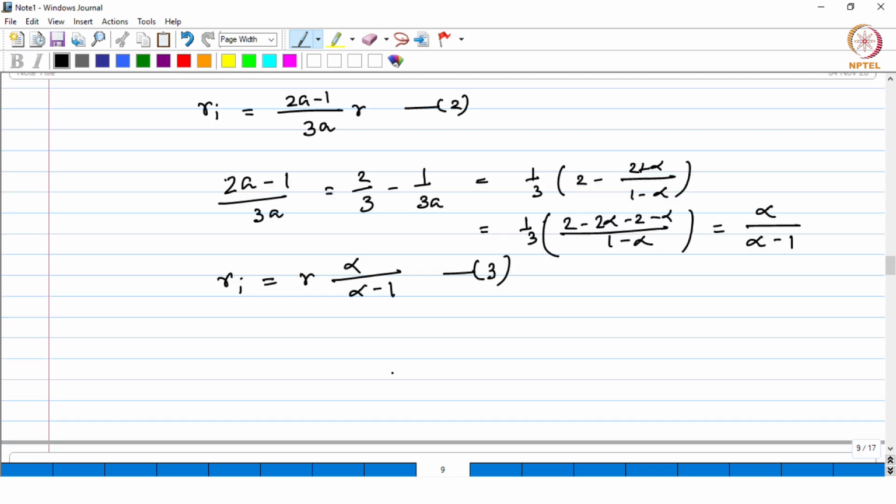Right? So now again you can see the effect of alpha on the curvature of the interface and whether it will be developing a bump or a trough. That can also be seen from this equation 3. Okay. For alpha less than 1, you can see that Ri is less than 0, and therefore the interface will develop a bump.